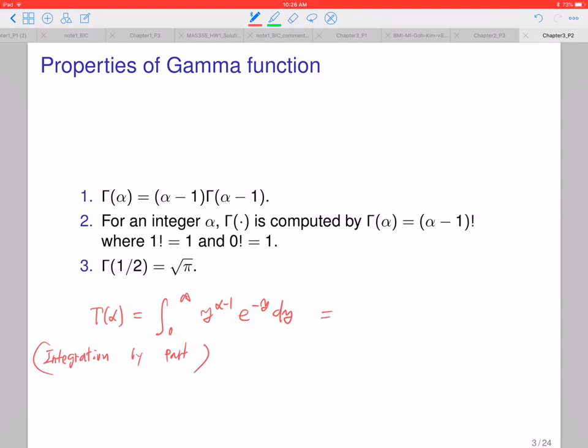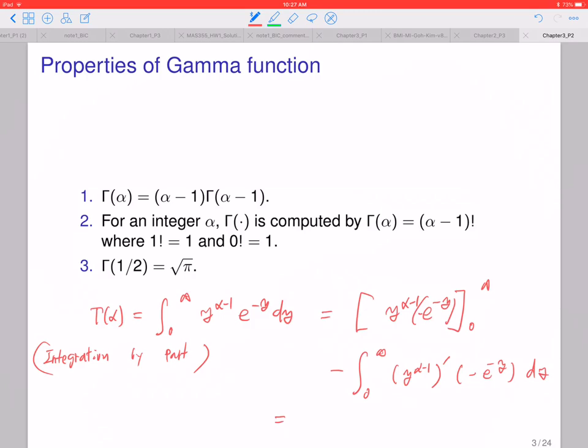you can actually obtain y^(alpha minus 1) times minus e^(minus y), evaluated from 0 to infinity, plus the integral from 0 to infinity of the derivative of y^(alpha minus 1) times e^(minus y) dy.